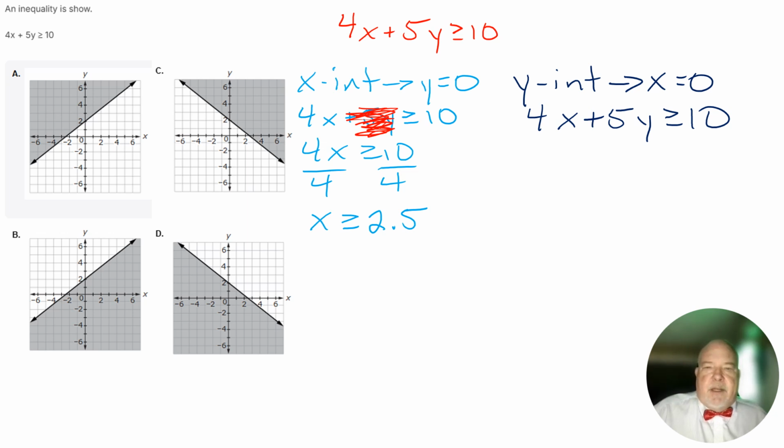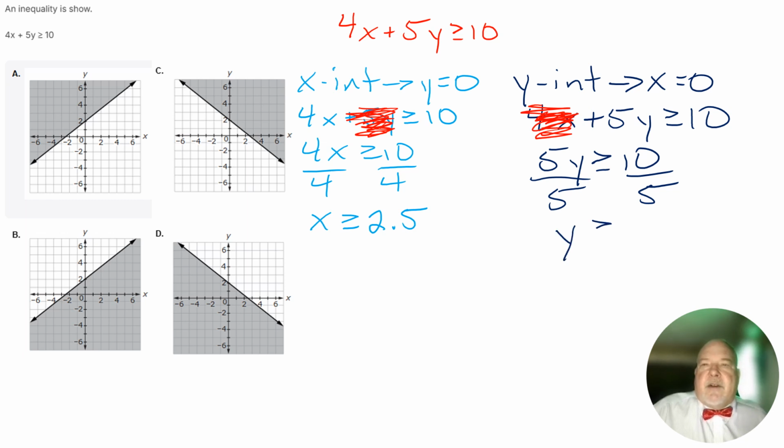This time I'm going to cover up or scribble out the x because I'm setting it equal to 0. So what I'm left with is 5y is greater than or equal to 10. Go ahead and solve this by dividing both sides by 5. And so I get y is greater than or equal to 2. So just like I said, the y-intercept is 2. So the answer is C or D.